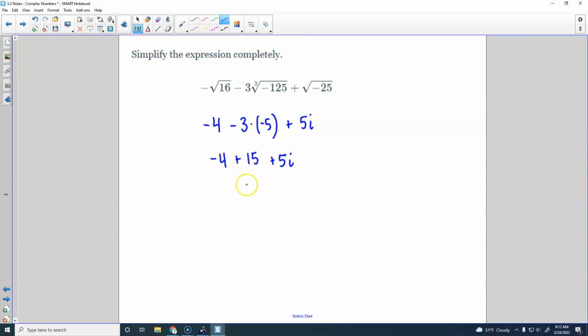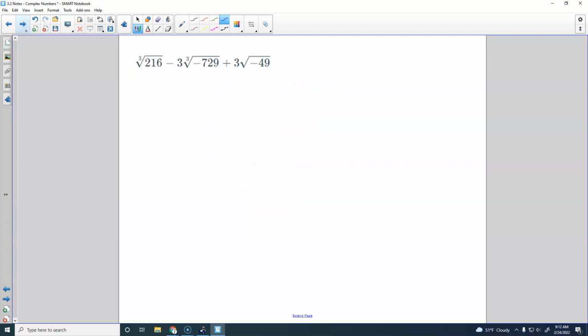And then negative 4 plus 15 is 11, plus 5i. Okay, questions? All right, try the next one on your own.